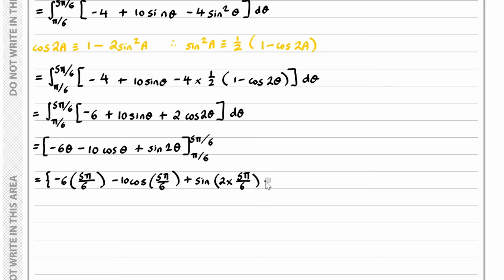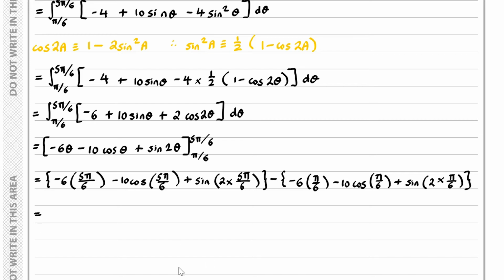So this over here is our upper limit, and for our lower limit we've got minus 6 times by pi over 6 minus 10 times by the cosine of pi over 6 plus the sine of 2 times by pi over 6.